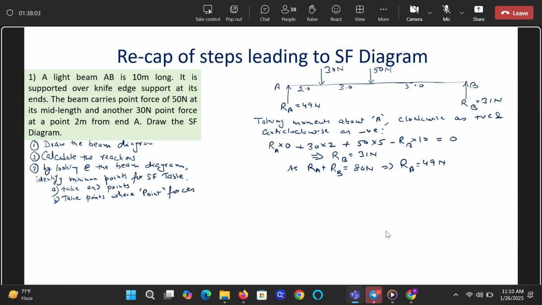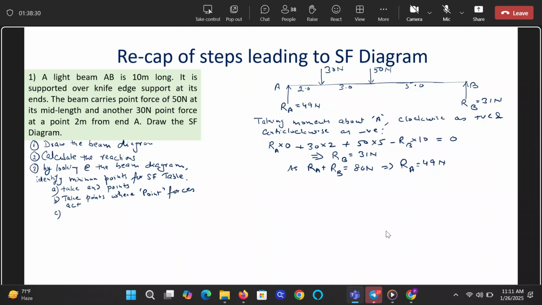I'm not saying load. I'm not saying downward. I'm not saying upward. I'm using a generic term, point forces act. They could be downward forces, they could be upward forces. And C, I will add here later. So if you're taking notes, leave some space here for some addition later on.